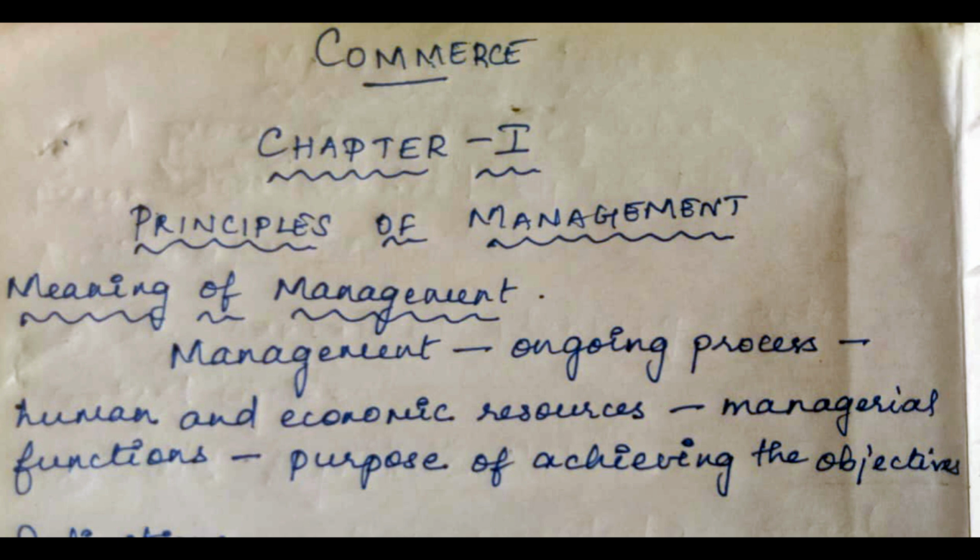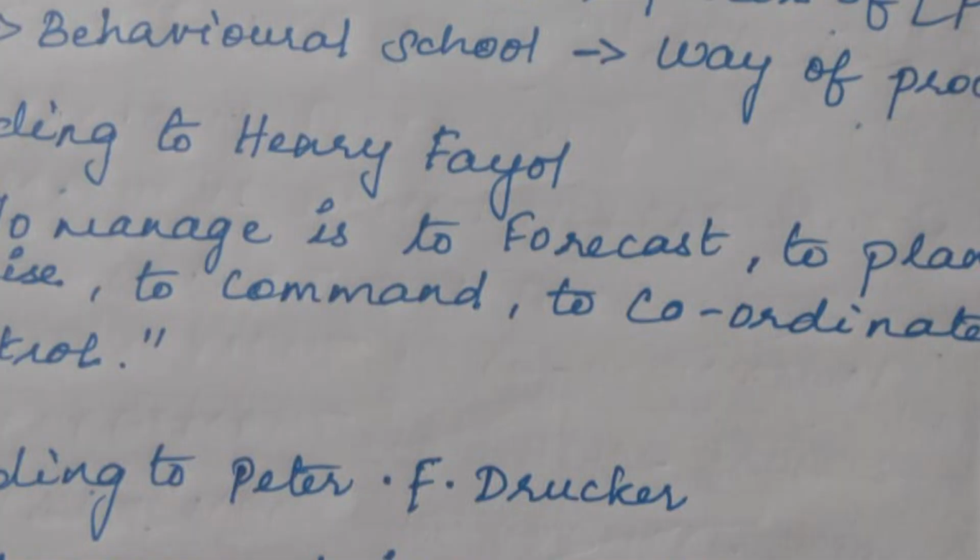So the main or common objective of every organization will be the same. Simply, management is an ongoing process, of human and economic resources, through managerial functions, for the purpose of achieving the objectives.